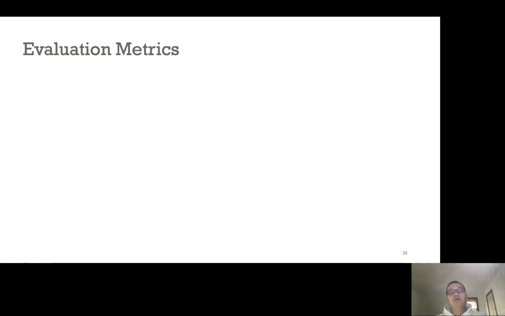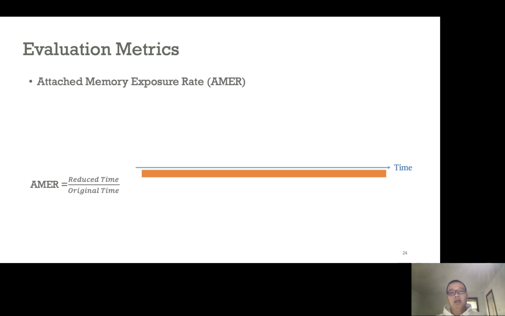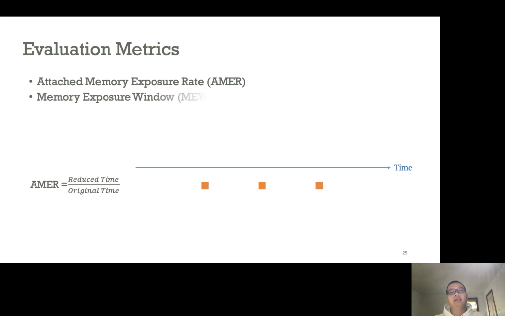We mainly use three metrics during the evaluation. First is the attached memory exposure rate. This represents the overall exposure time after the reduction. The second is the memory exposure window. This represents the size of a temporary exposure window.